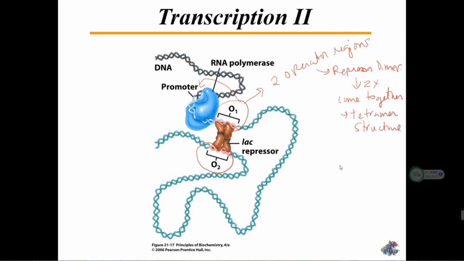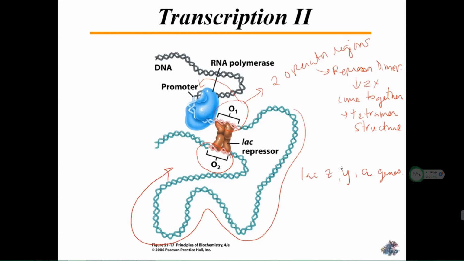One repressor is found near the promoter region. The other repressor is found at the end of the lac operon. So within this region here, we actually have our lac Z, our lac Y, and our lac A genes that are to be transcribed when the RNA polymerase is able to carry out that function.